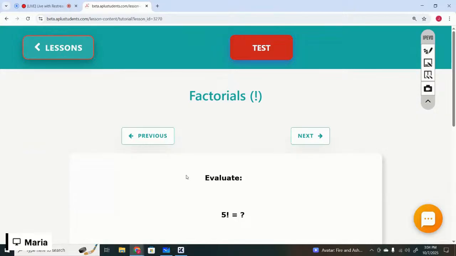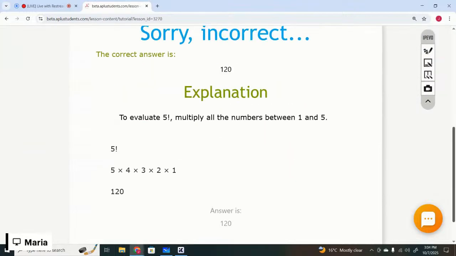Evaluate 5 factorial. So the first thing you need to learn is what a factorial is. Factorial means you need to multiply all the numbers between 1 and the given number.